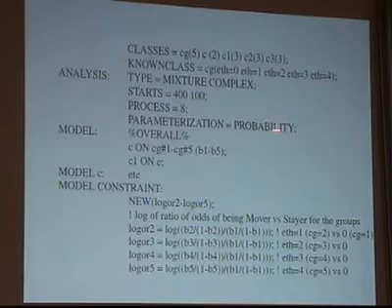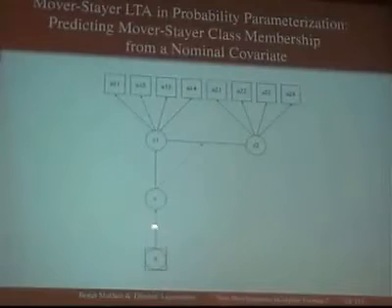And probability parameterization. And in the overall model, I do C on CG, the known classes. That's this relationship. So C on CG, you can write a little note here, footnote 1. And footnote 1 goes with this relationship.